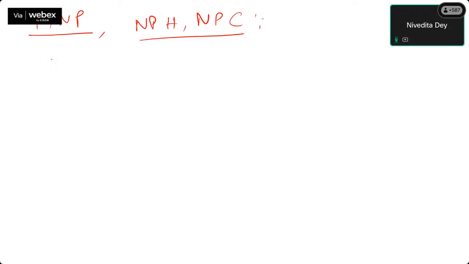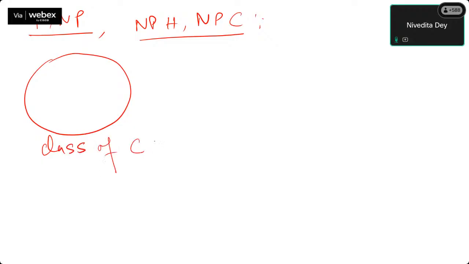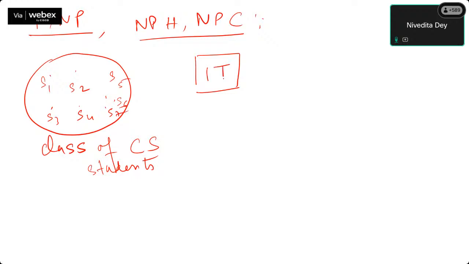So there is a class of computer science students. Say students 1, 2, 3, 4, 5, 6, 7. Now there is an IT student, say I dash.